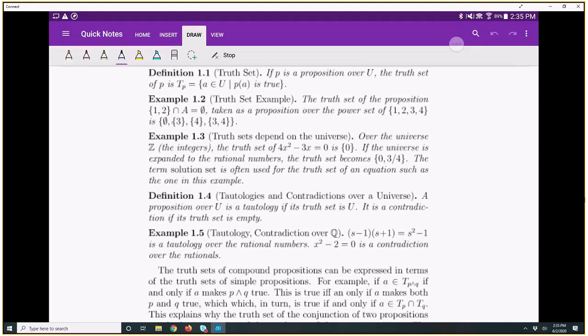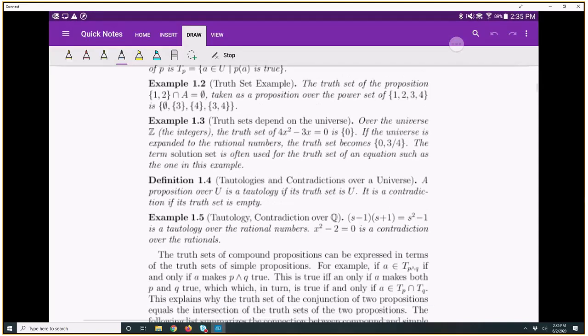Or it could be singleton {3}, because when I intersect {3} with the set {1, 2}, it's empty. Or it could be singleton {4}, or it could be the doubleton {3, 4}. There are no other sets in the power set of {1, 2, 3, 4} that have empty intersection with {1, 2}.